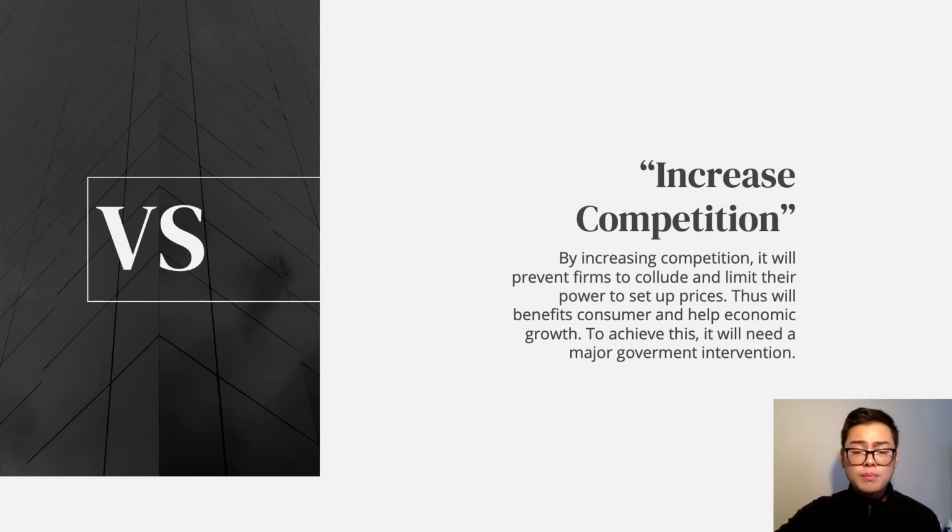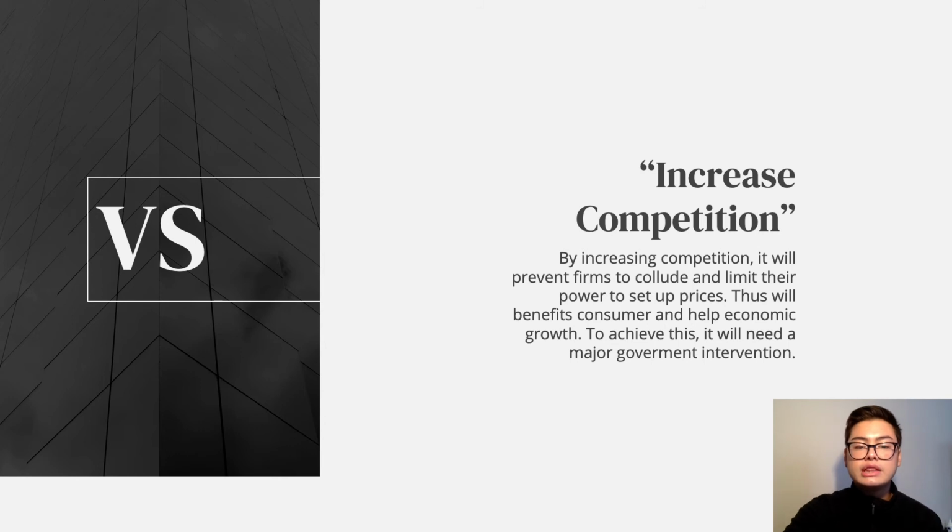By increasing competition, it will prevent firms from colluding, making arrangements, forming a cartel, and having power over prices in the market. And this will benefit consumers and also help economic growth.